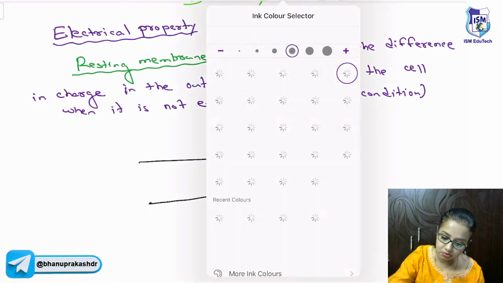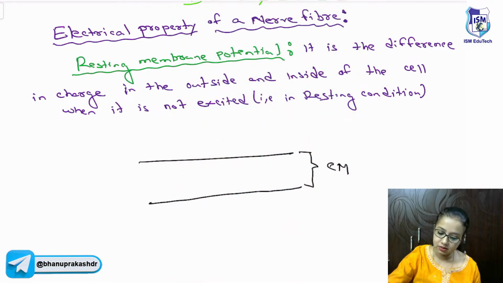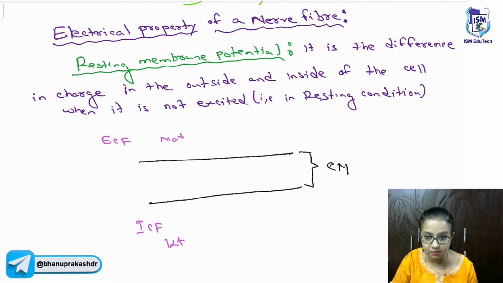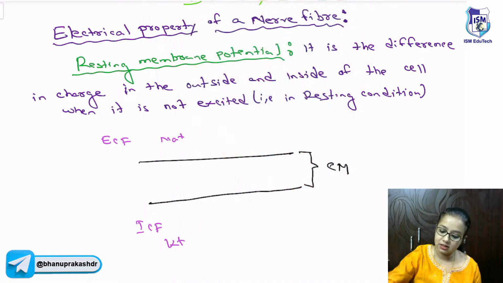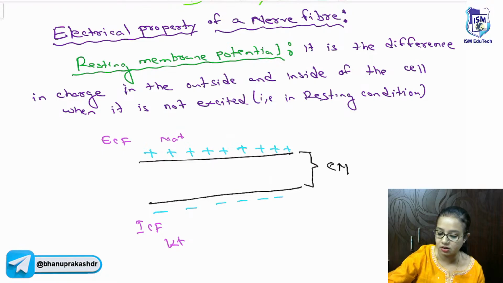Now, we know that sodium is predominant outside in the ECF, and in the ICF, the predominant cation is potassium. Now, when the cell is in resting condition, the outside of the cell is positive in charge compared to the inside of the cell.